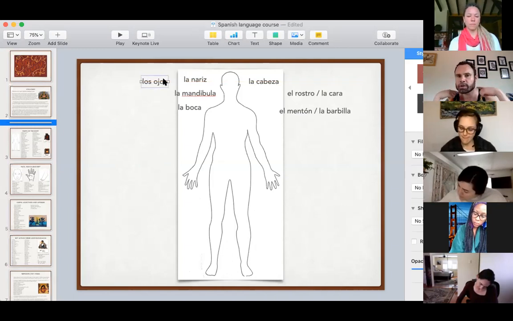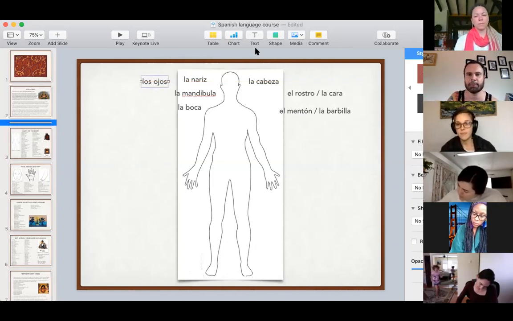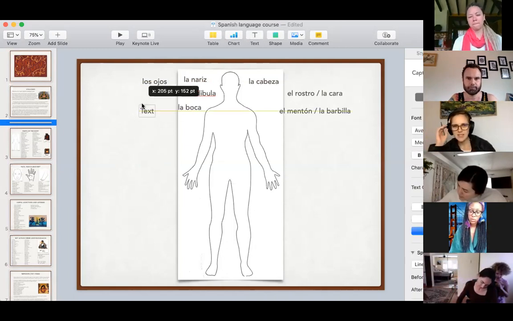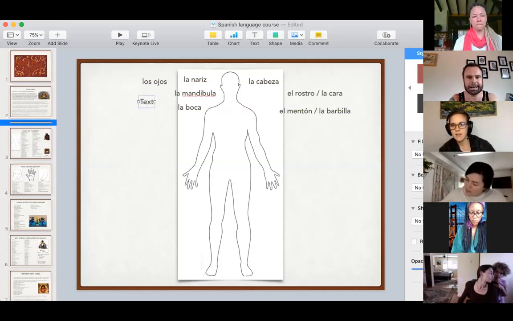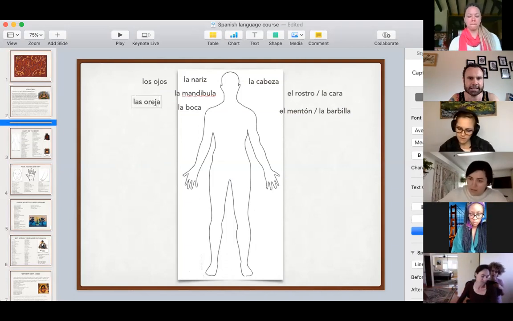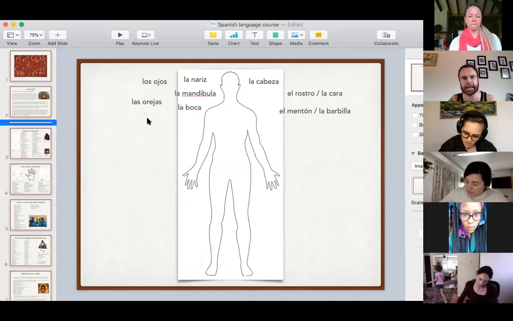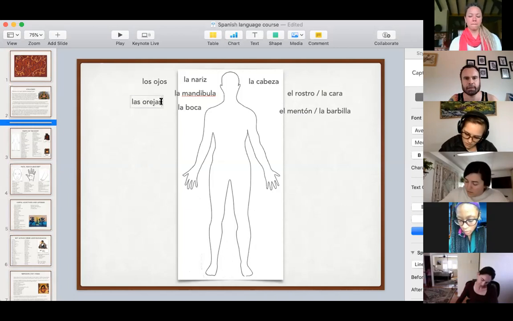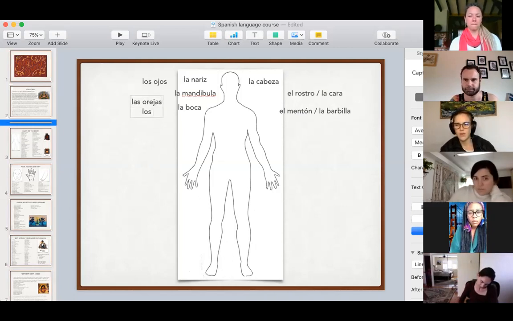What about then the words for your ears? There's a couple of words here. Orejas. Good, so that's one word. Las orejas, again, a word with a J in it. But there's another word that we can use for ears as well. Oído. Good.